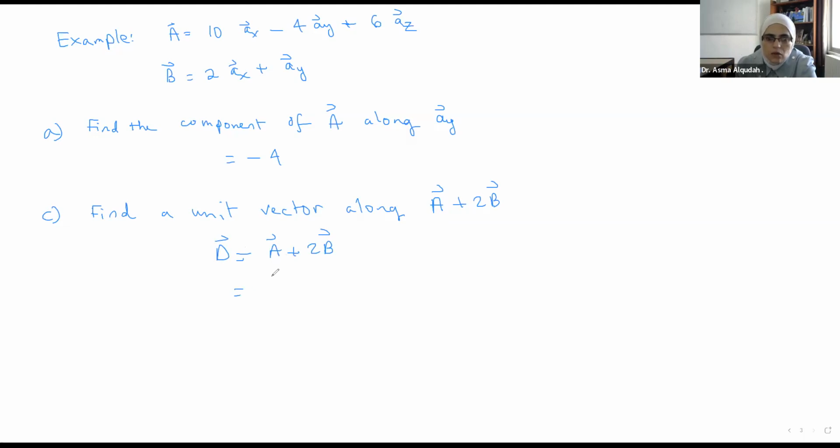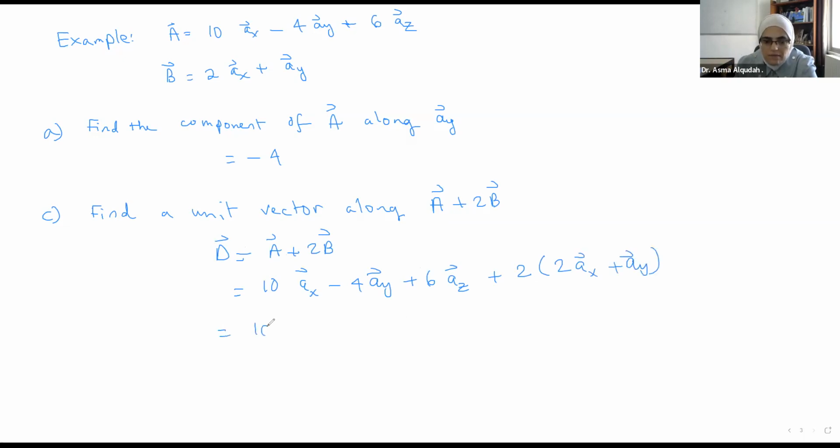So d is equal to 10a sub x minus 4a sub y plus 6a sub z plus 2 times vector b, which is 2a sub x plus a sub y.